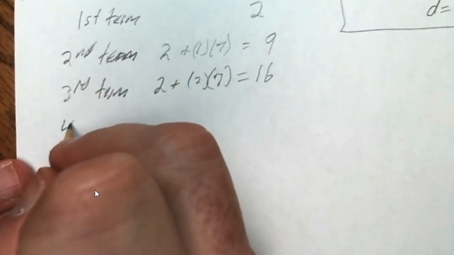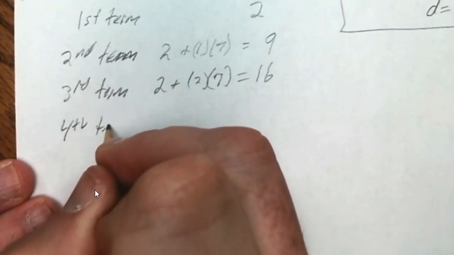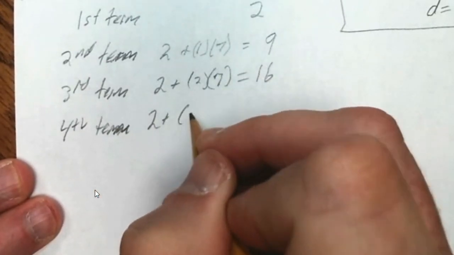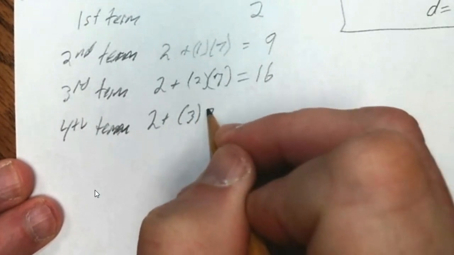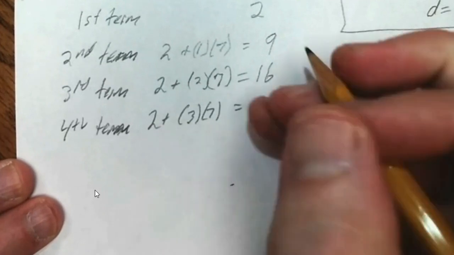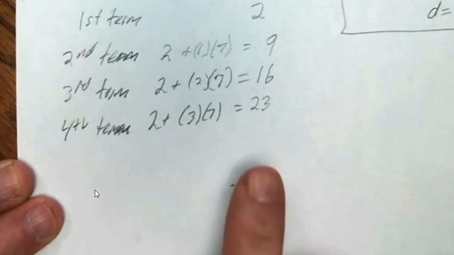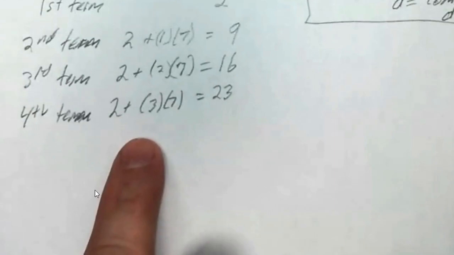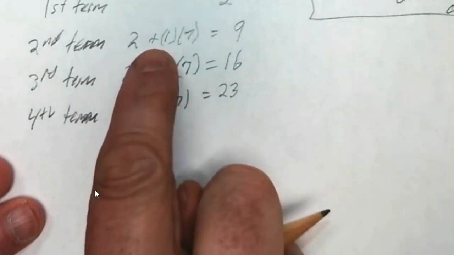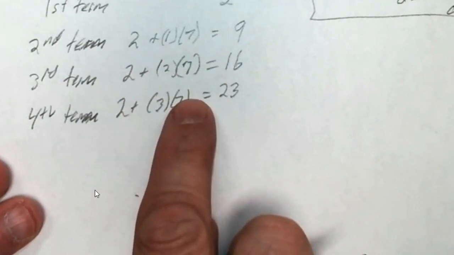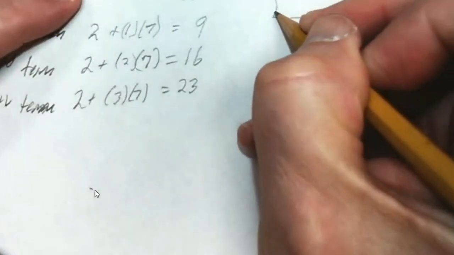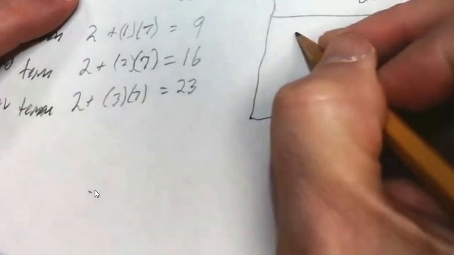For this next term, if I add 7 three times, 3 times 7 is 21 plus 2, 23. This process seems to be working pretty well. I just have to figure out how many times I add that 7 to get to this term. So perhaps from that, we can get an explicit formula.